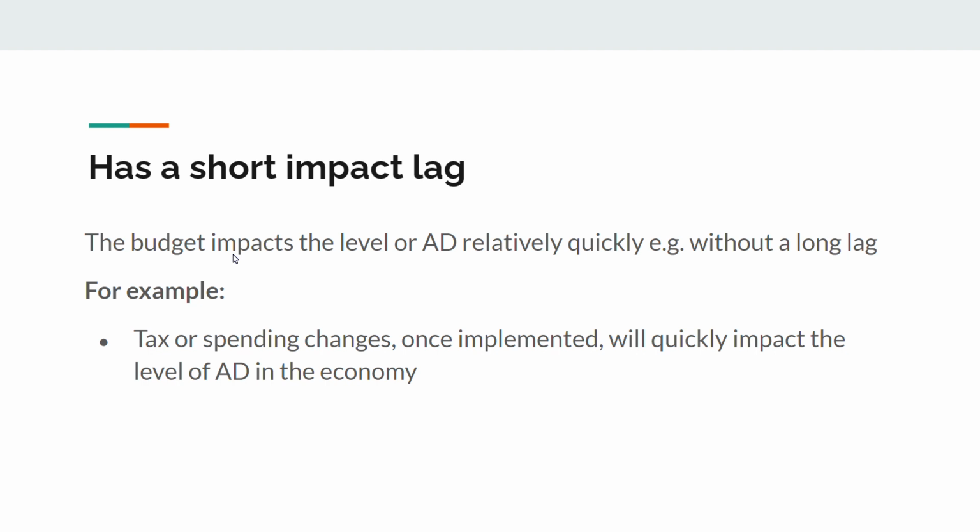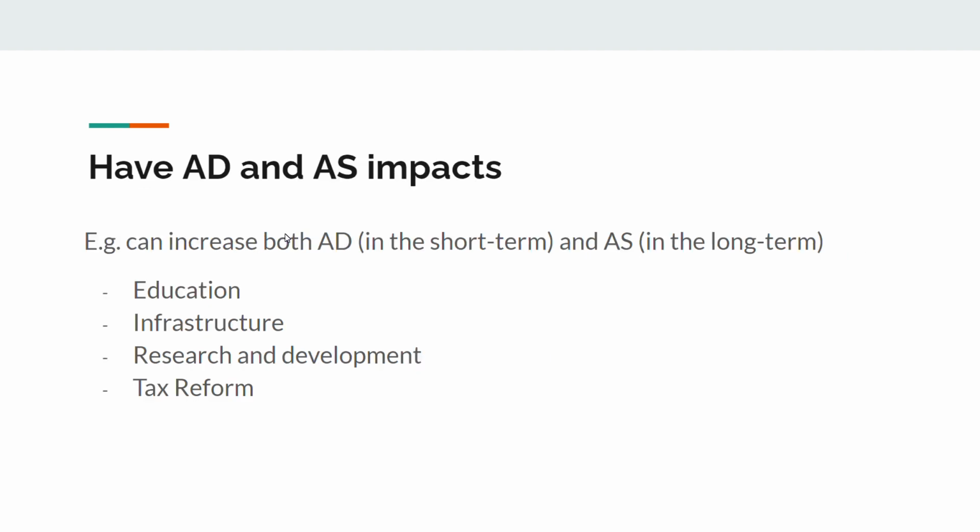So for example, if you change the tax system or tax brackets, overnight or over a week, households have more money in their pay packet. Their disposable income increases over a week, right? Or if you're spending more money into the economy through new infrastructure projects, the moment those policies are implemented, the spending takes place and the spending is in the economy. Again, monetary policy has a long impact lag.